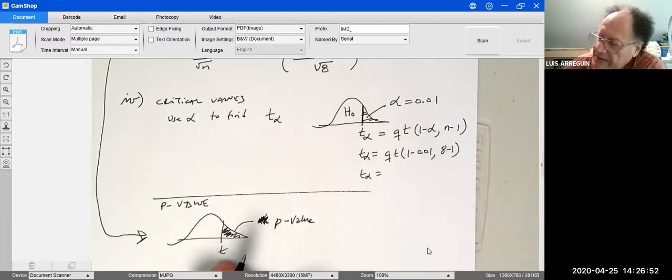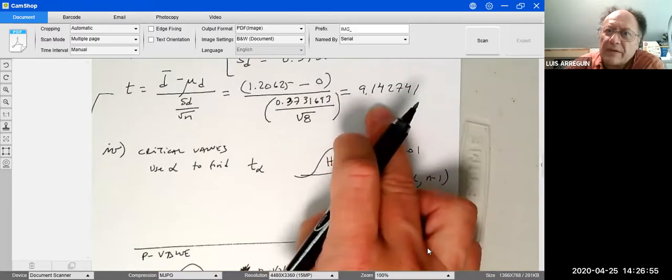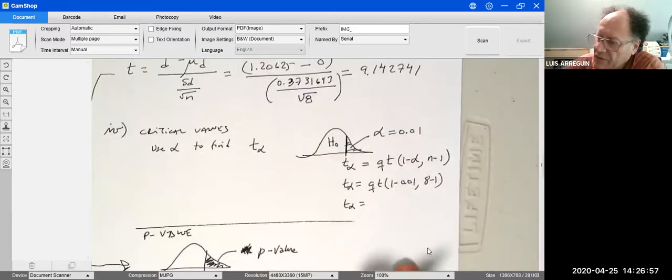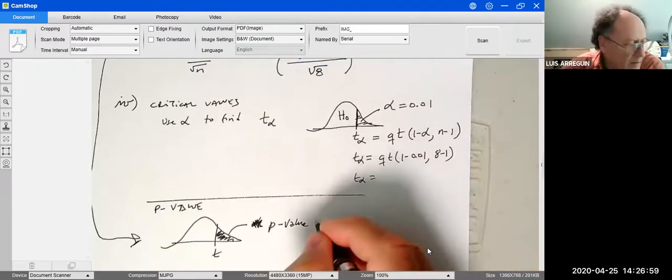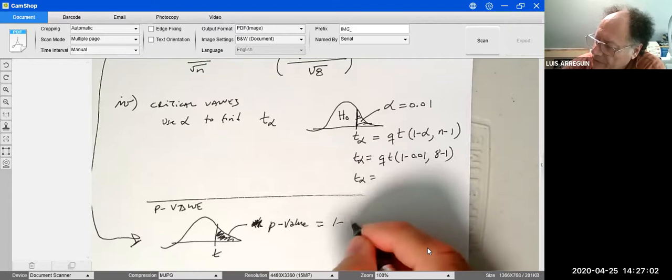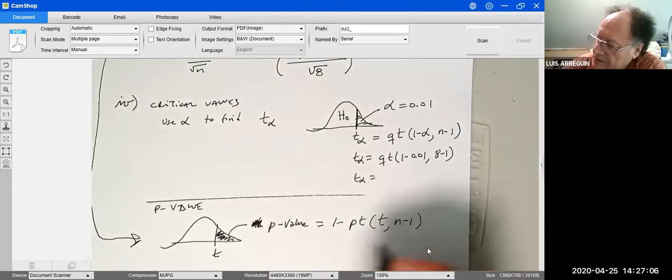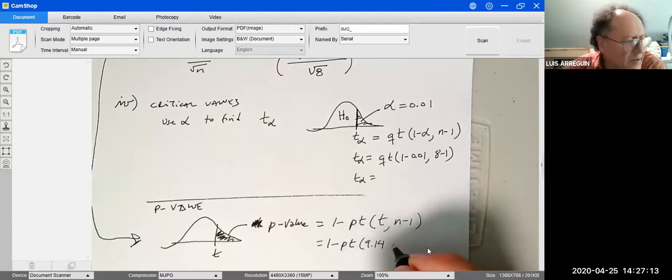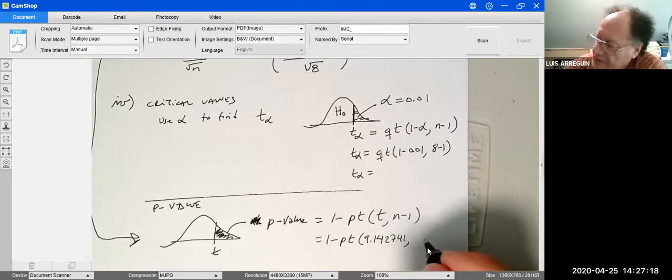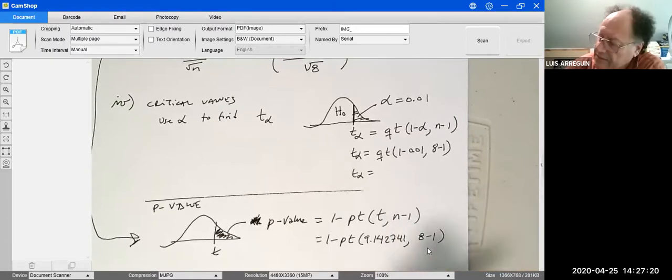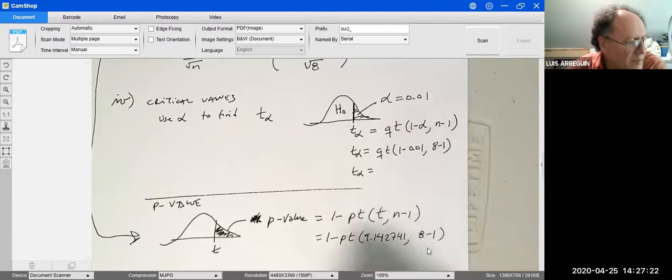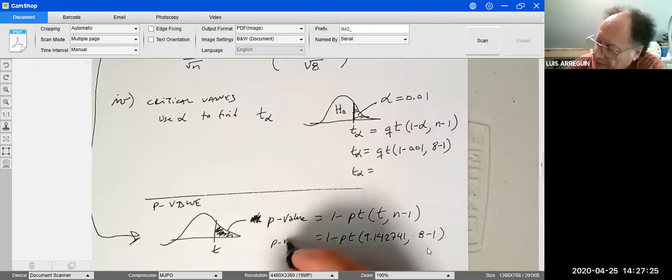Since t is a positive value, this is going to be 1 minus pt of the test statistic, degrees of freedom. So it's 1 minus pt, with t obtained before, 9.142741, and degrees of freedom 8 minus 1, similar to the previous step. From here we get a p-value.